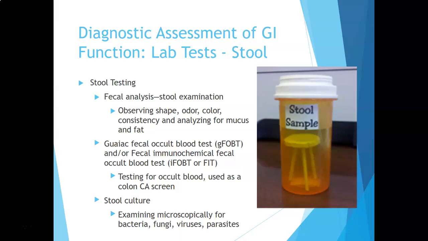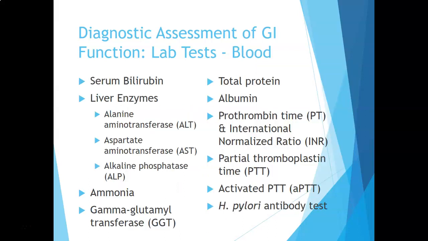And I think that will be fun. So here's the list: serum bilirubin, liver enzymes, ammonia, GGT, total protein, albumin, prothrombin time, PTT, activated PTT, and the H. pylori antibody test.